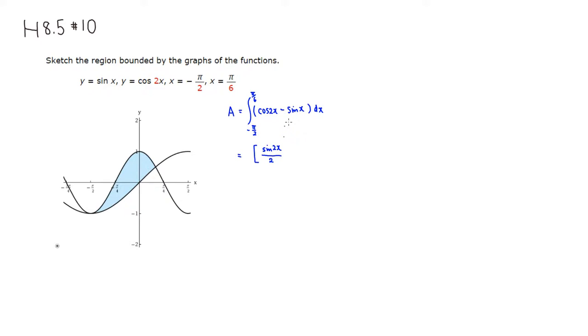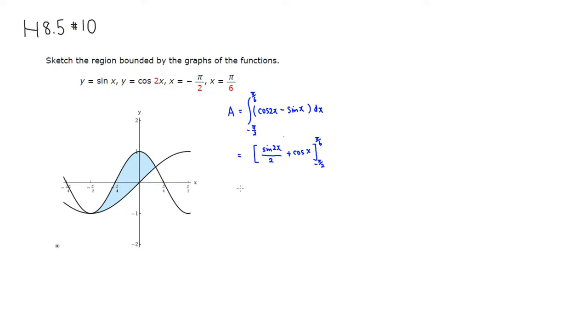And the antiderivative of negative sine of x is positive cosine of x. You're going from negative pi over 2 to pi over 6.